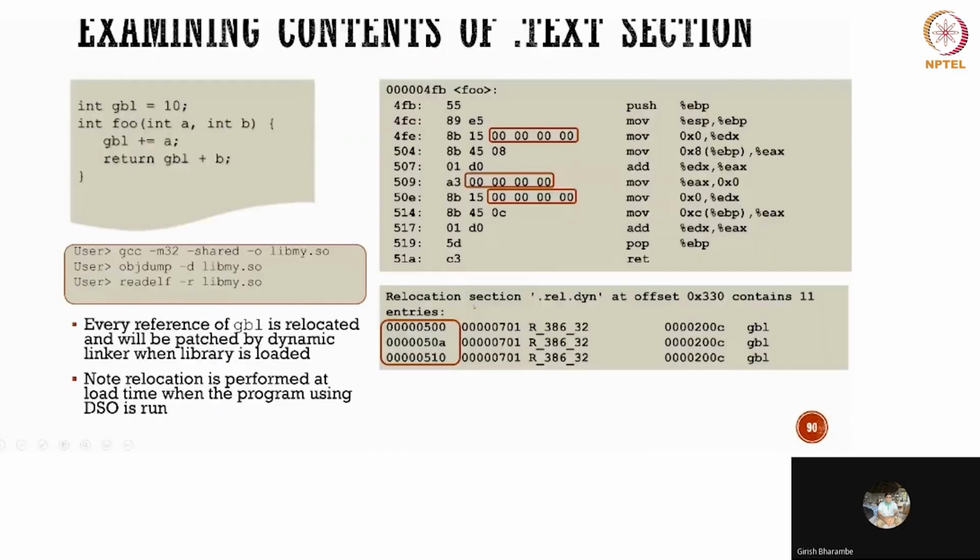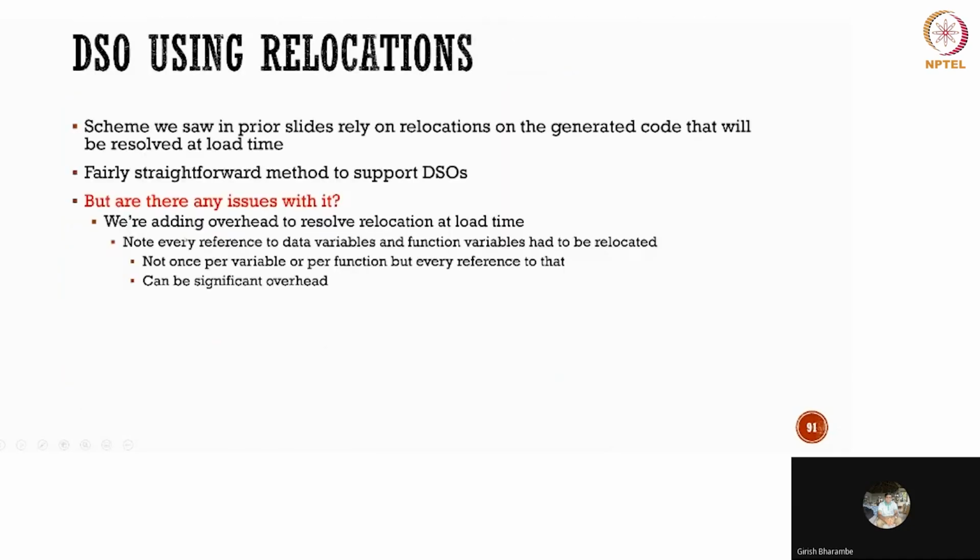This works exactly similar to how it would have worked in the compiler-generated relocation case. But there is one problem, unlike the earlier relocations which we saw: these relocations need to be resolved at load time, because the shared library is not part of your executable.